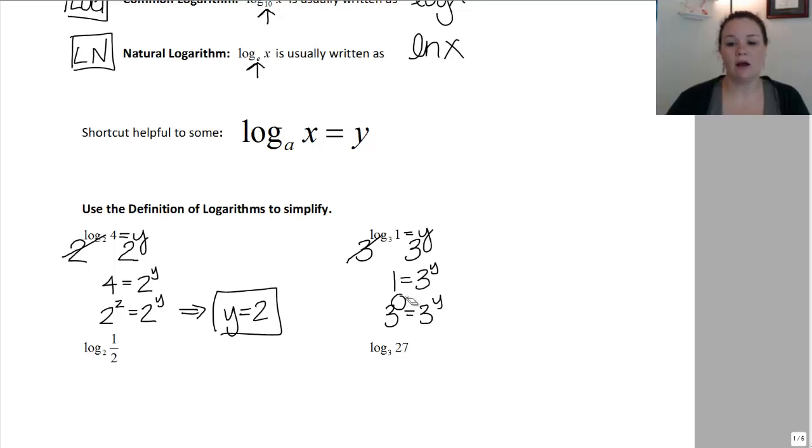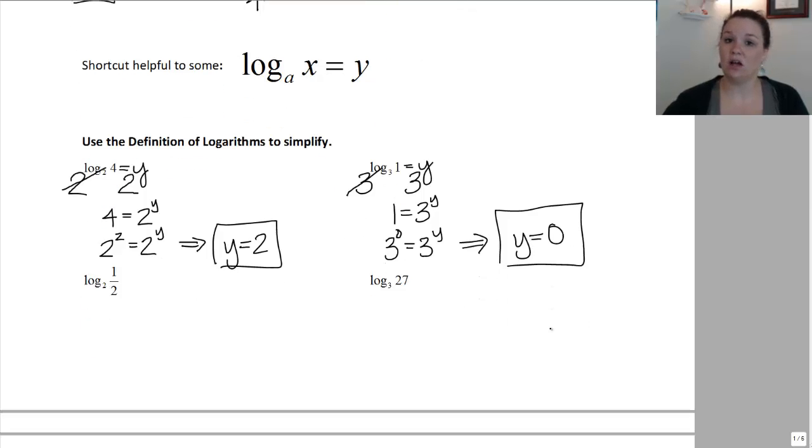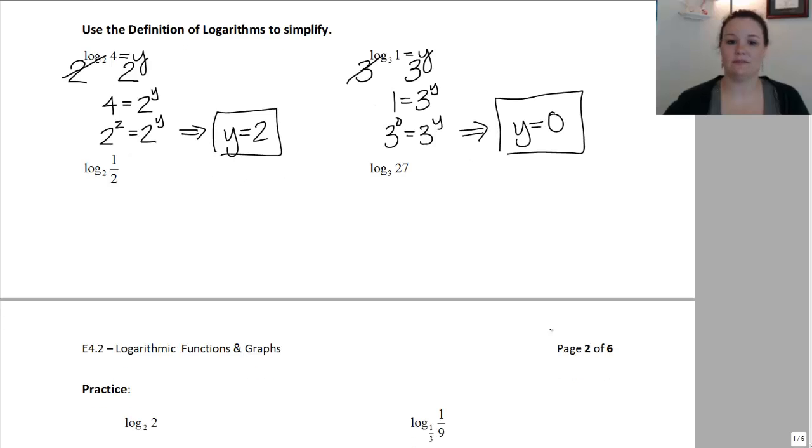The only power I can raise 3 to and get 1 is 0. 3 to the 0 power equals 1. So once I drop my 3's, y equals 0. So we use the exponential to undo the log and then simplify what's left.